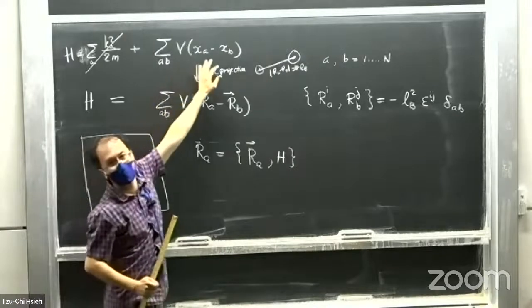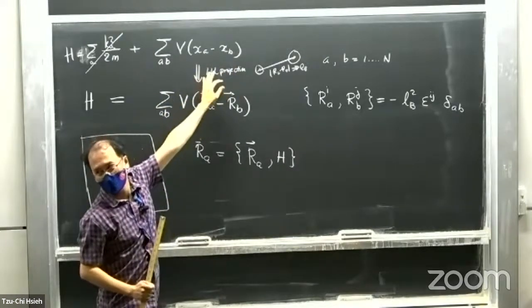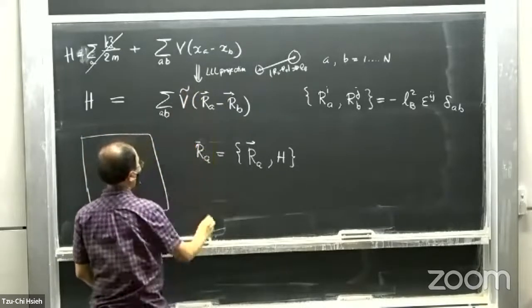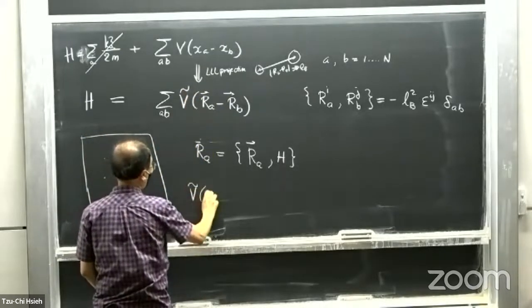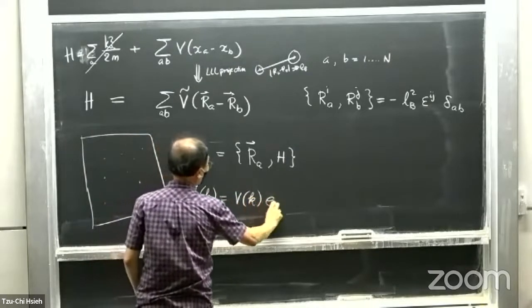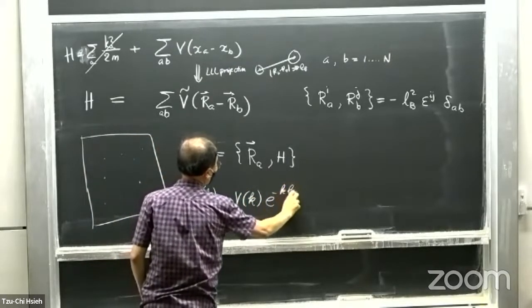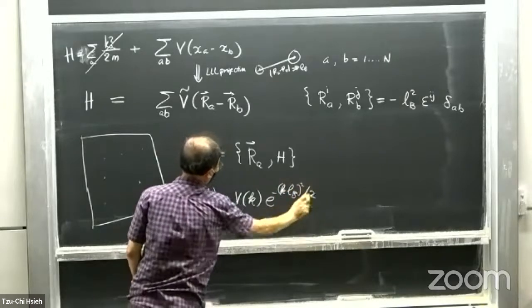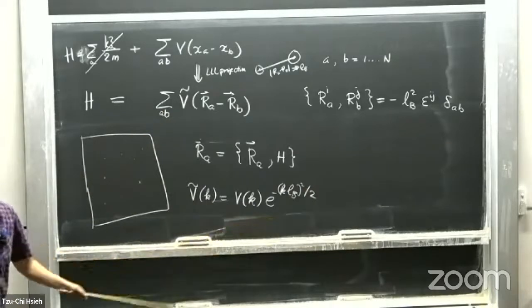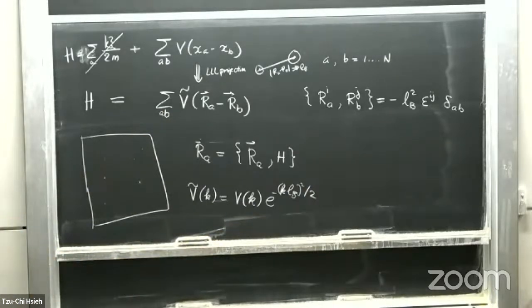Instead of the original potential V, like Coulomb 1/R, we have a new potential, V tilde. The relationship between V tilde and V is very simple. The Fourier components of V tilde turn out to be just related to the Fourier components of the original V times a Gaussian function, and that can be done fully quantum mechanically.